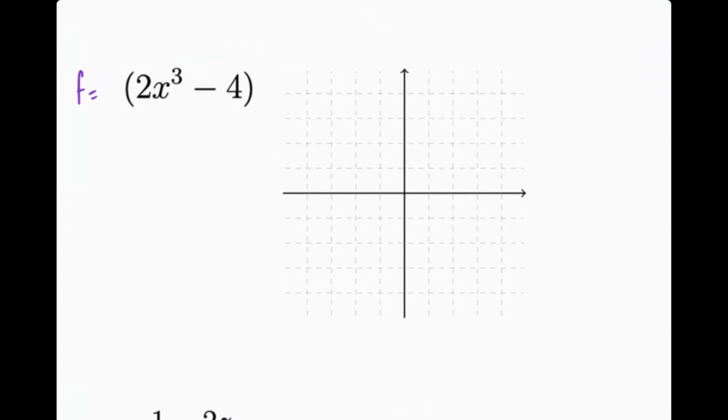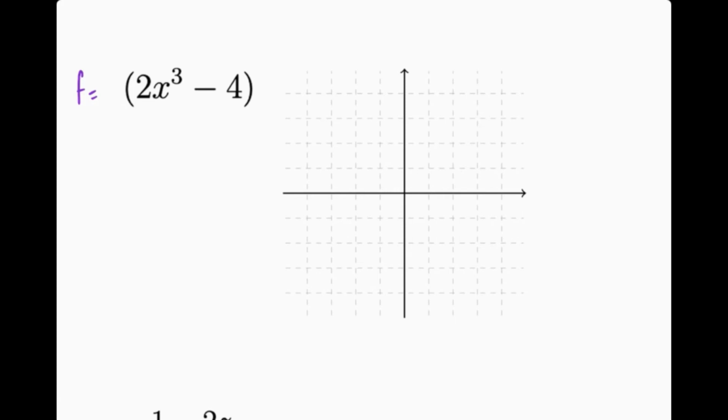And I would like you to use all available tools. So bust out that calculator, think about what's going on with the operations needed to evaluate this function. I'm a big fan of plotting, so I'm going to go into my calculator and go y equals. I'm going to plot it. 2x cubed minus 4. Zoom 6.